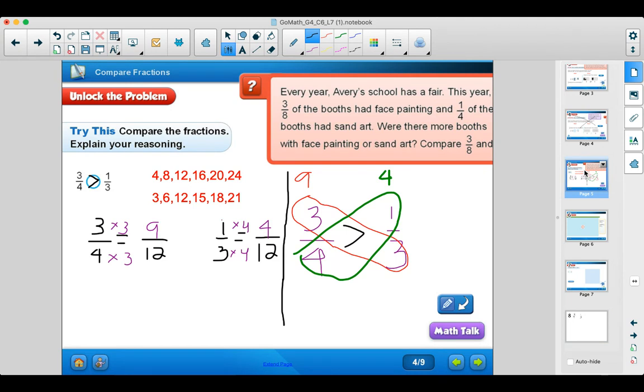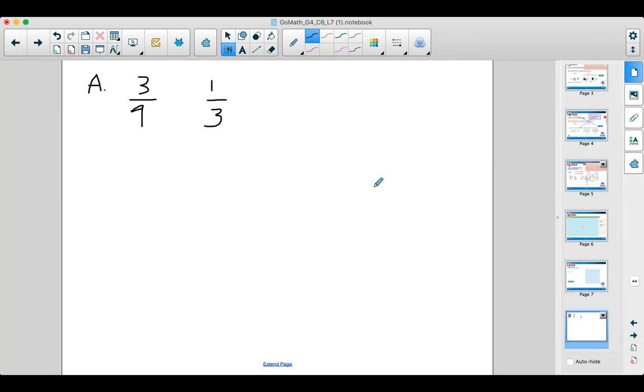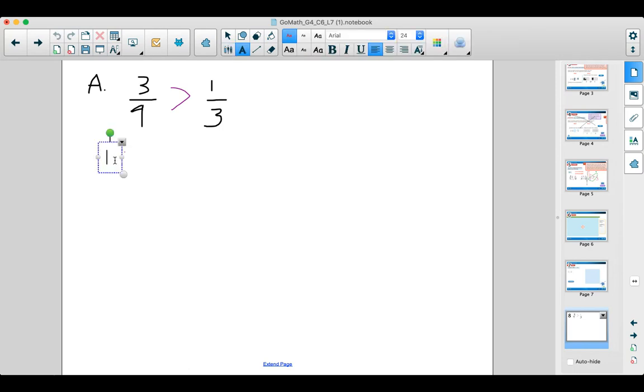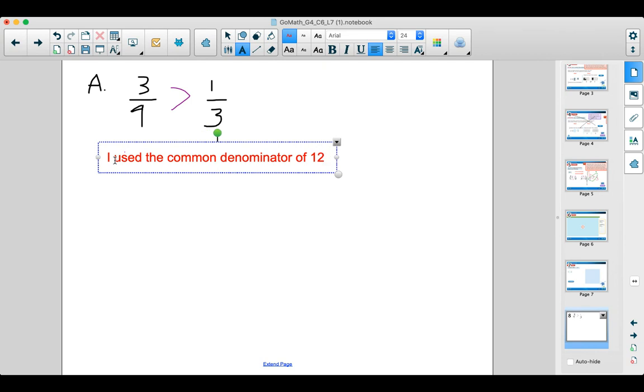Since we did that on the prior page, right now what I'm going to do is put down the answer, and I need to explain my reasoning. I used the common denominator of 12 to compare both these fractions.